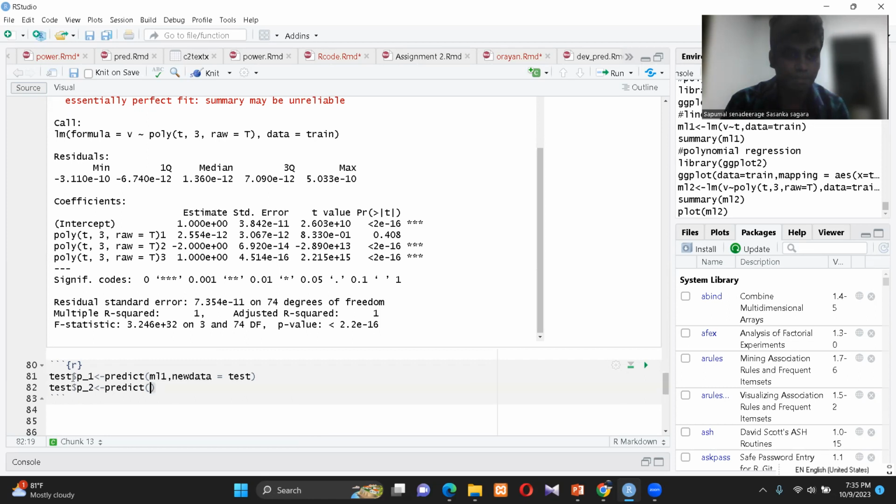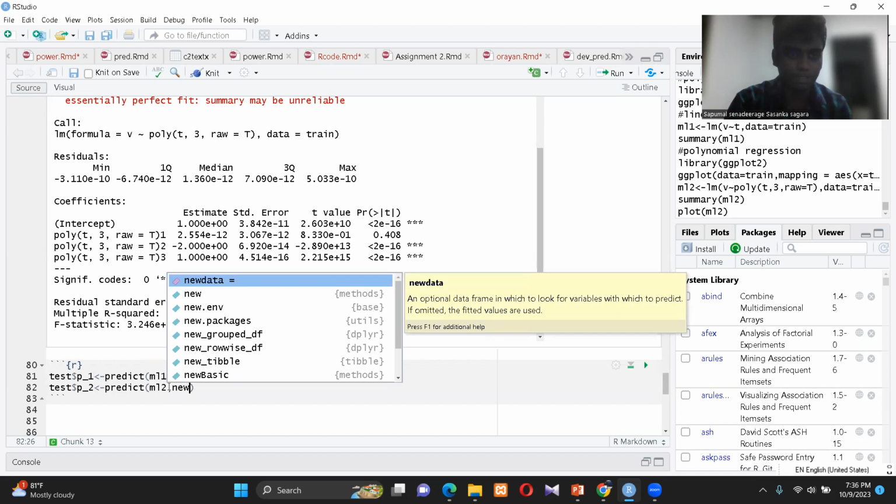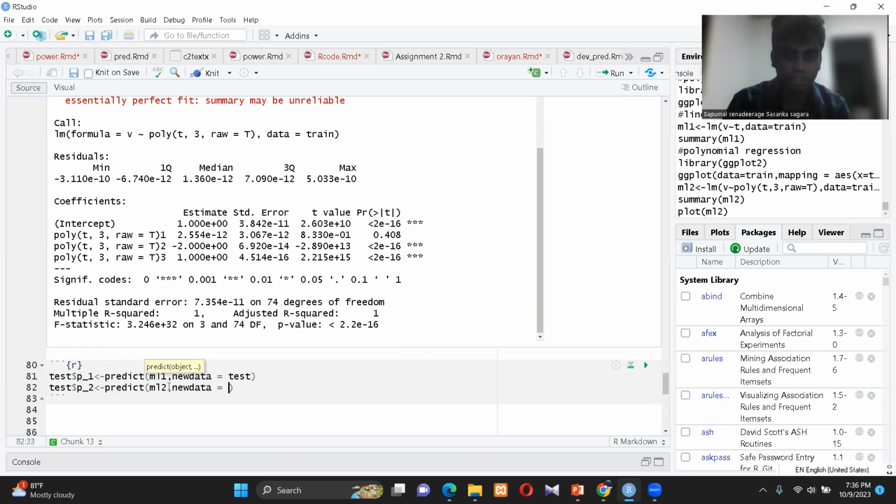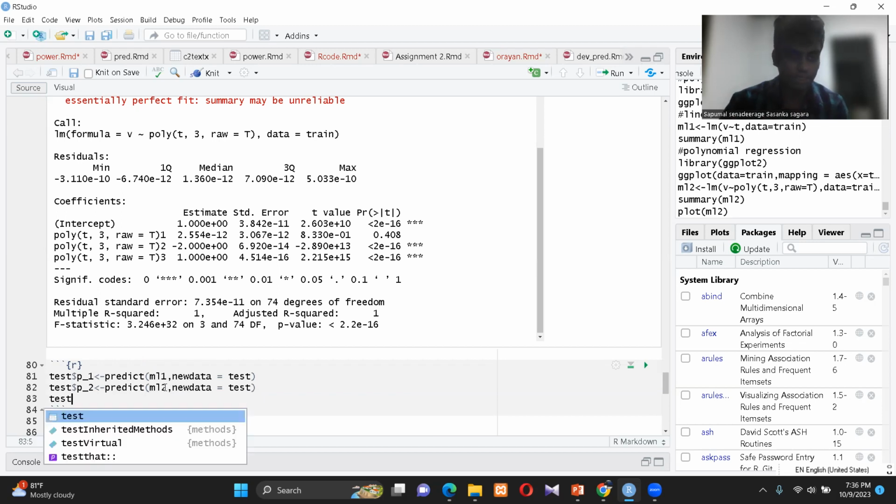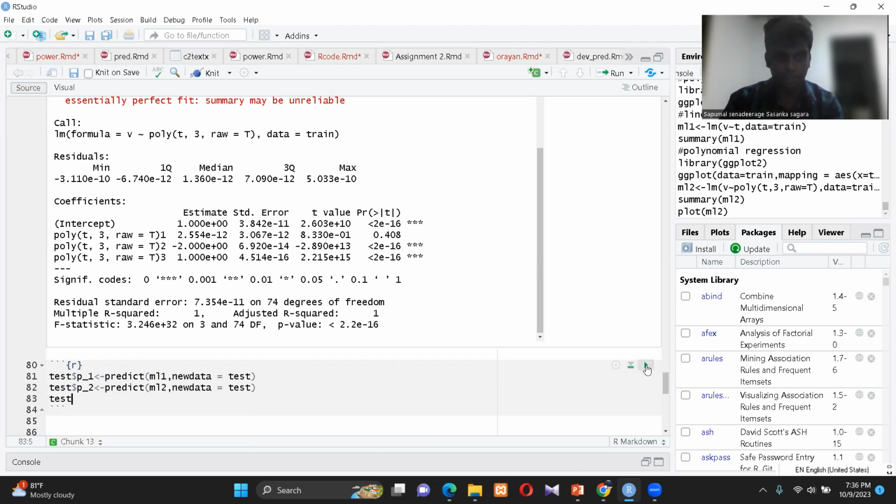New data equals test. Now let's see the testing set.